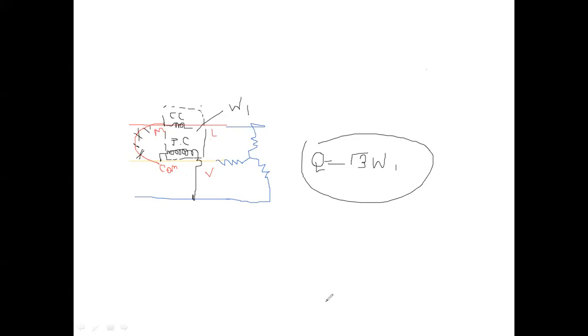So how is it possible? What is the action there? We can draw a phasor diagram. The three voltages are 120 degrees apart, each.